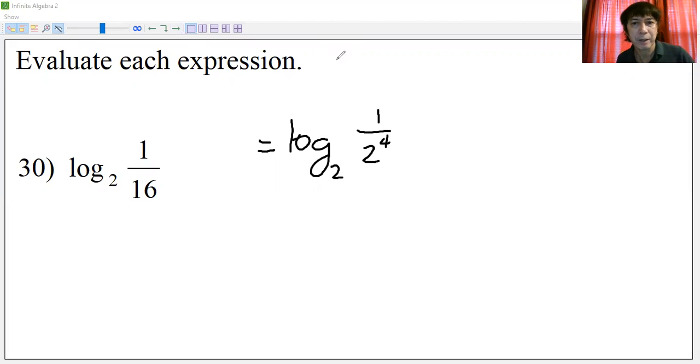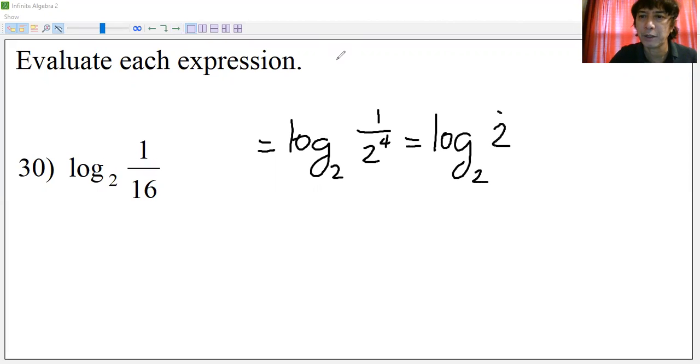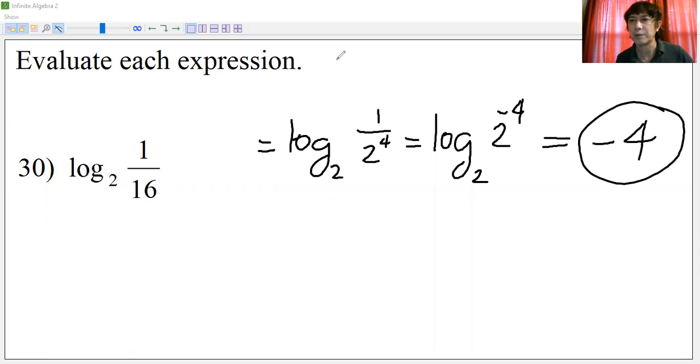And we can transform further. We have logarithm to the base 2. Using a law of exponents in algebra, 1 over 2 to the 4th can be written as 2 to the negative 4. And the answer is very clear here. It's negative 4. And we shall verify. Is it negative 4? Yes, it is. So you can verify over here. That's a negative 4 answer. All right, let's continue with the next.